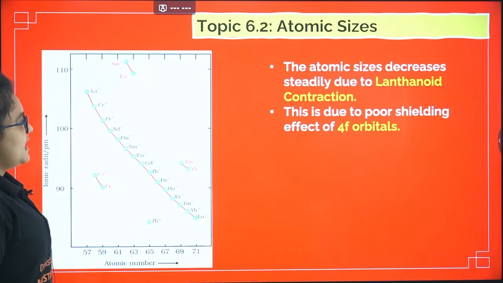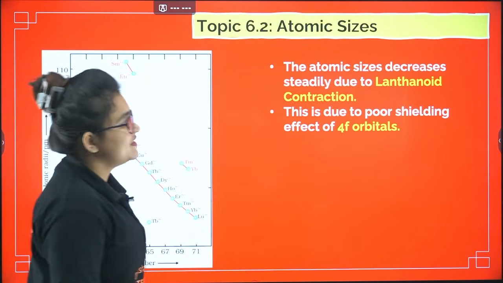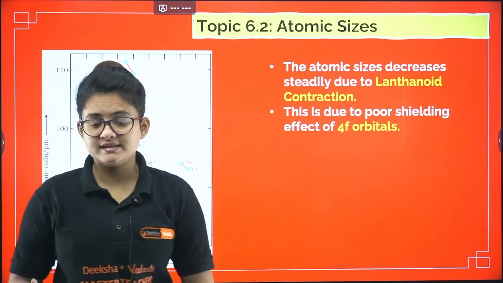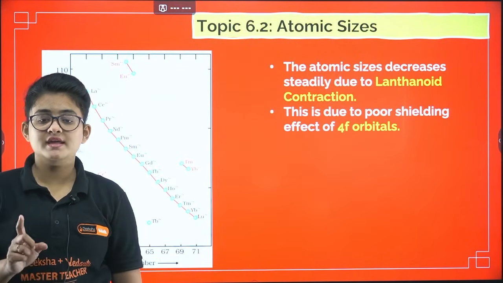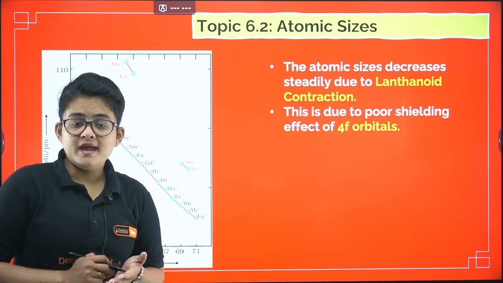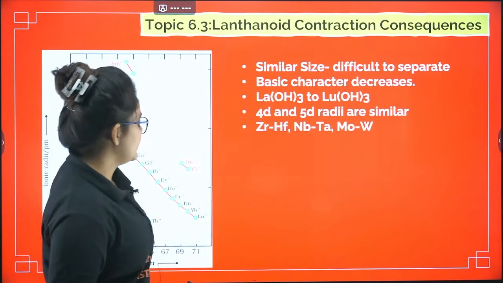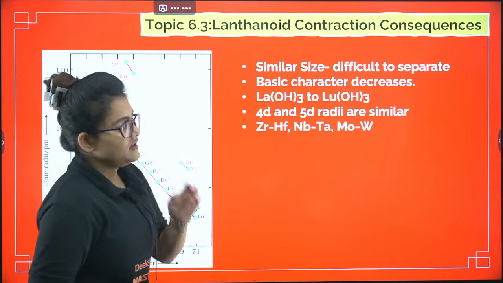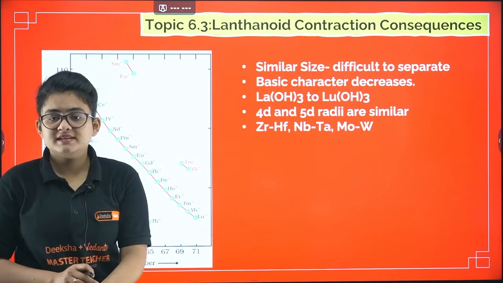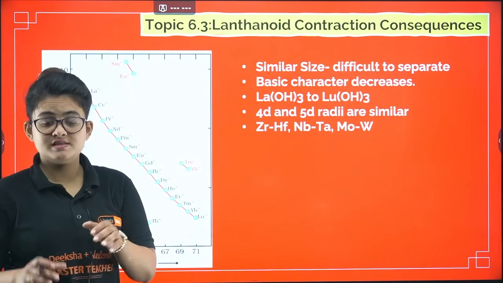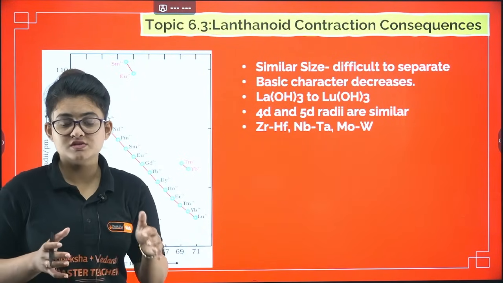Let's proceed. Atomic size definitely shows a steady decrease because of the lanthanide contraction that I already explained, due to the poor shielding of the 4f and d orbitals. Here come some consequences of lanthanide contraction. The first is similar size, zirconium and hafnium, I guess you remember.